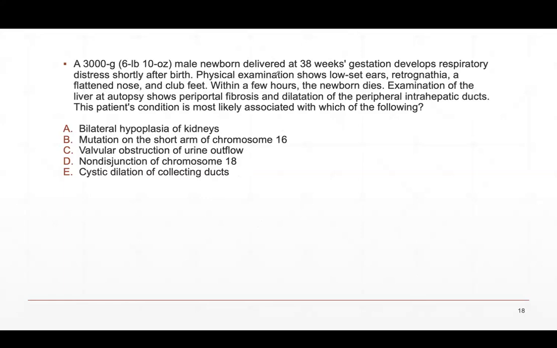D would explain the physical findings, but it would not explain the autopsy findings at all. Let me highlight this for you. He has dilatation of his hepatic ducts, and he's a tiny little baby with respiratory distress shortly after birth. E, excellent. Okay, what happened to this baby?